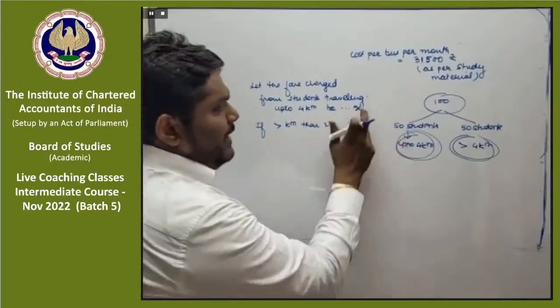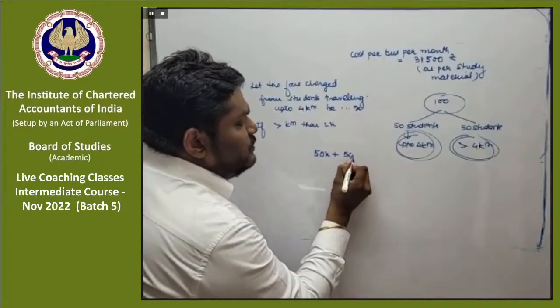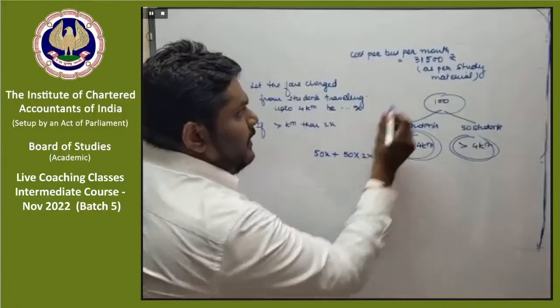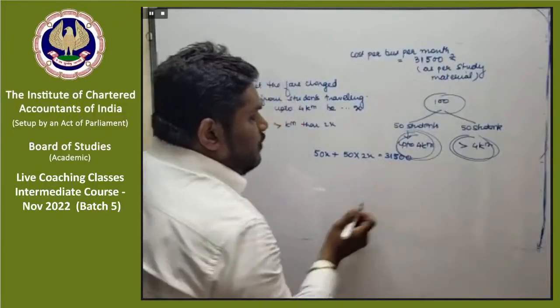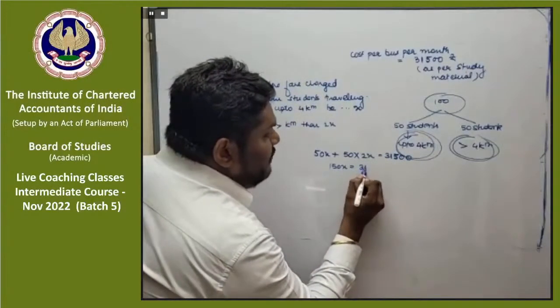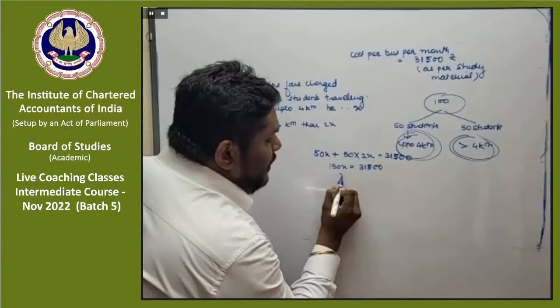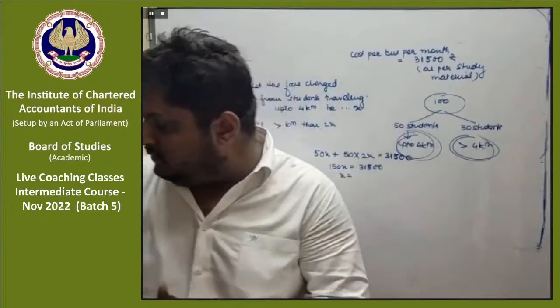So 50 students are charged x fare and 50 students are charged 2x fare, and this should be equal to 31,500. So 150x is equal to 31,500. So x will be equal to, let me check my calculator one second, guys.